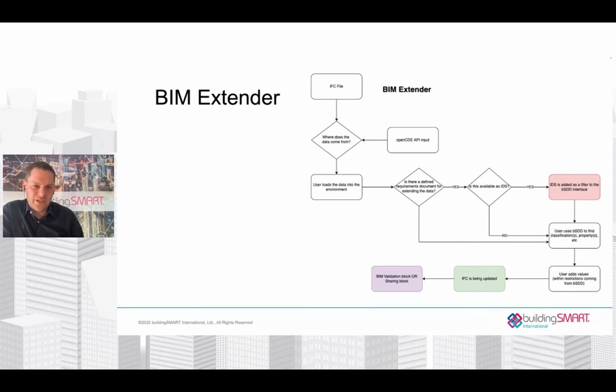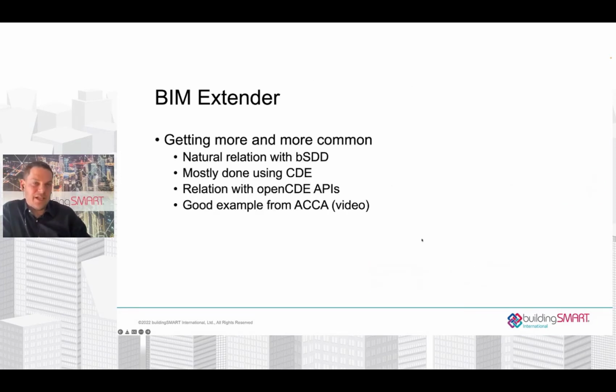And this flow really shows how you can do that in an easy and effective way. And I think this is also what will come back in the presentation from Michelangelo, where they add ETIM classifications and ETIM properties to an existing IFC data set. So this BIM extender use case is getting more and more common. It has a natural relationship with the bSDD. We see it mostly done using a CDE.